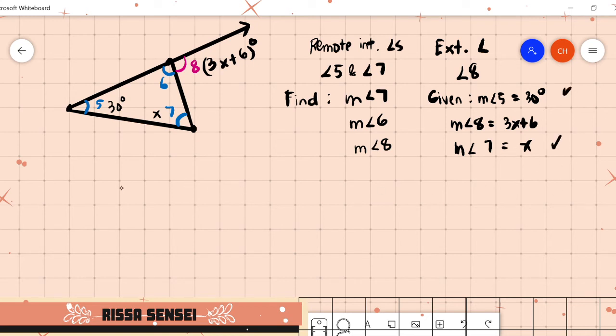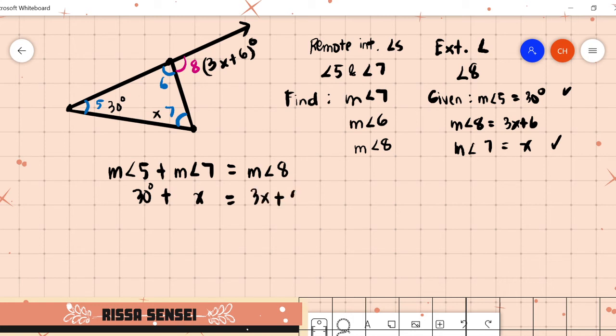So, let's have an equation. Ang angle 5, pag inadd natin kay angle 7, equal sa exterior angle na angle 8. Angle 5 is 30 degrees. Angle 7 is x. Angle 8 is 3x plus 6.